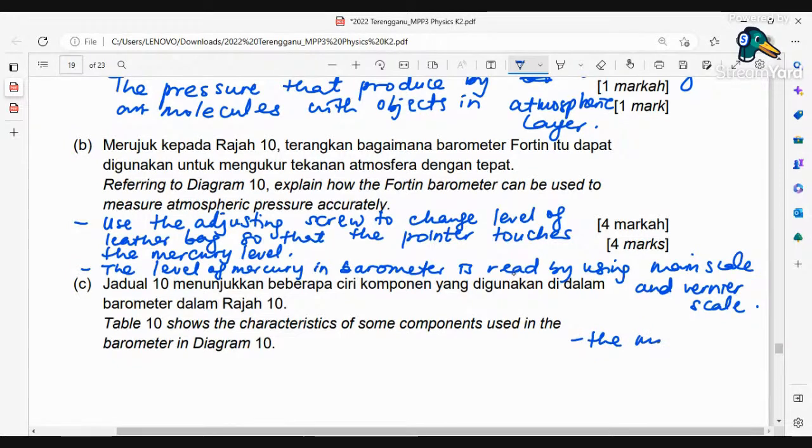The mirror is used to prevent parallax error.